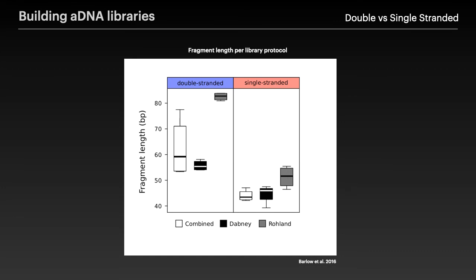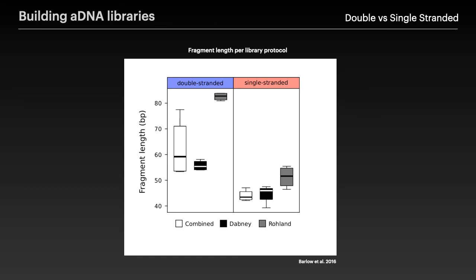So I said about length distribution before when we were talking about the extraction. This plot includes also the comparison with library protocols among extraction methods. What we can see is that within double-stranded library methods, the aDNA method for extraction always retrieves shorter fragments.